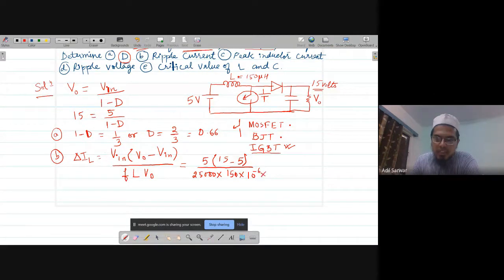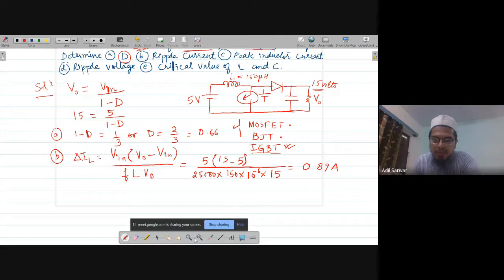I have to write it in SI units. Into the output voltage, again, 15. So if you solve this expression, you will get 0.89 amperes. So this is the value of the ripple current.